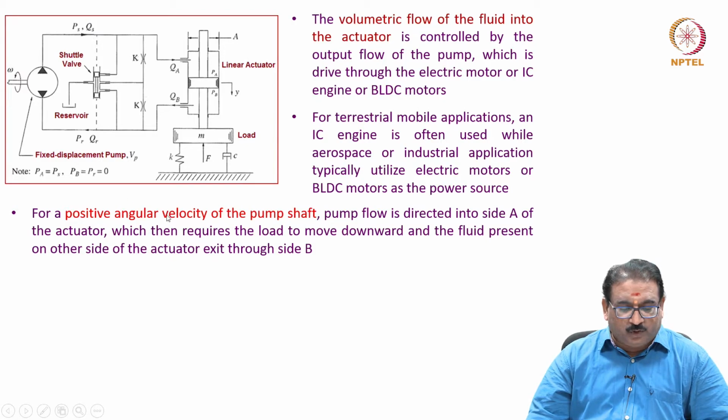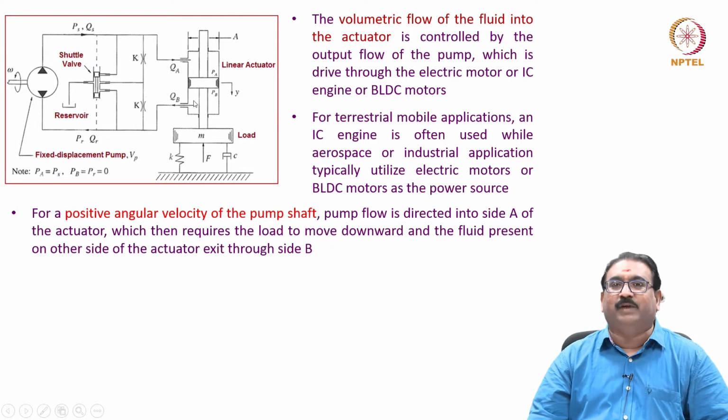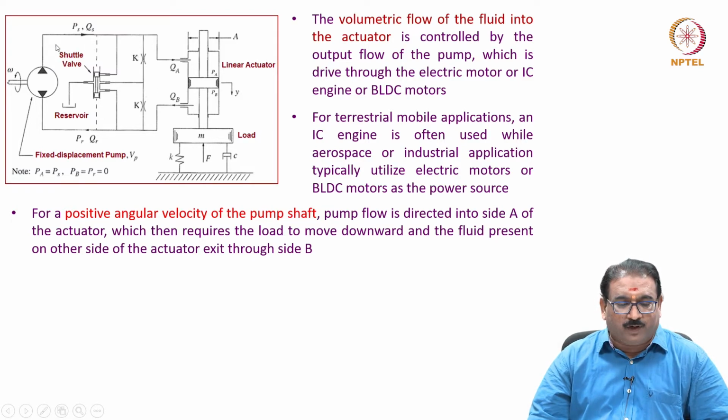For a positive angular velocity of the pump shaft, pump flow is directed into side A, not side B, meaning the pump flow QA is coming to side A. Then the piston will push the load downwards. Whatever fluid is here will go as QB volumetric flow to the tank.